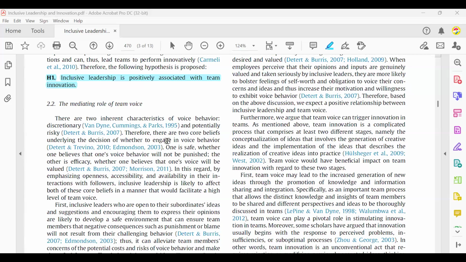If we keep coming down this article, after H1, the next section is about the mediating role of team voice.